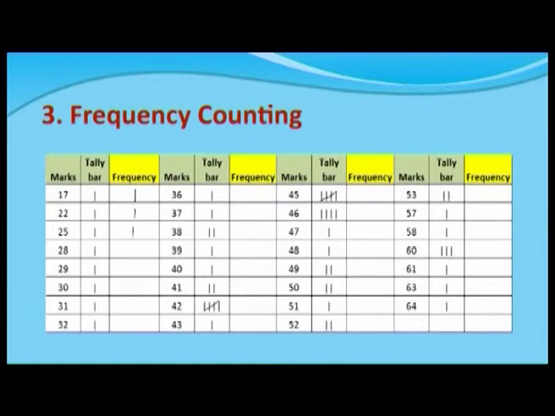This column contains a simple mathematical value of each variable representing how many times each number occurs in the data set. This type of data representation is called discrete or ungrouped frequency distribution, where marks are called the variables x and the number of students obtaining the marks is the frequency f.